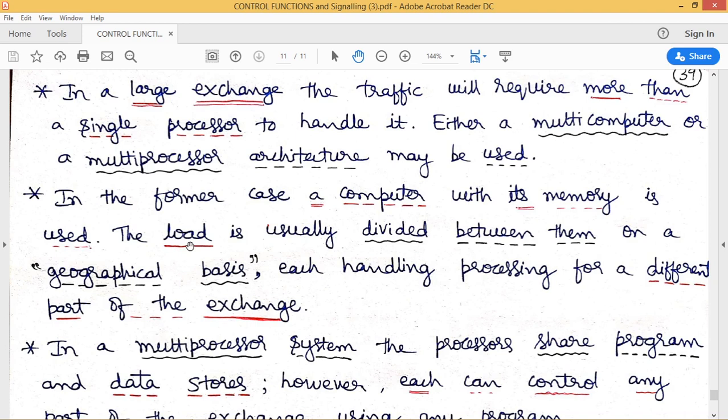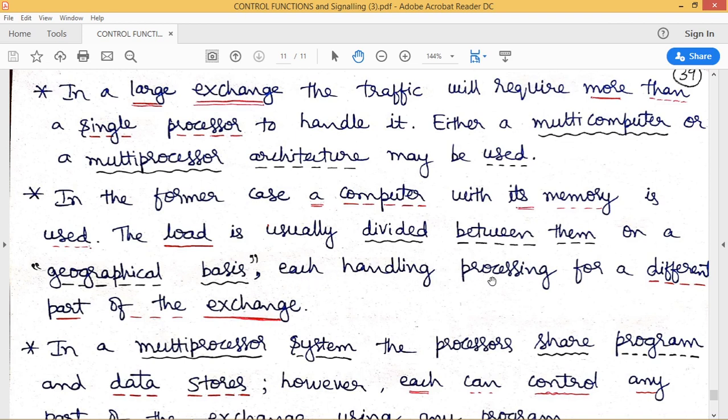Of course, for a large exchange, the load will be divided between those different computers on a geographical basis. If we have one area, the signals or calls of that particular area will be handled by a particular computer. Similarly, we will have another area, and all calls coming from that geographical area will be handled by another computer. In that way, we make use of multi-computer architecture inside an SPC exchange.